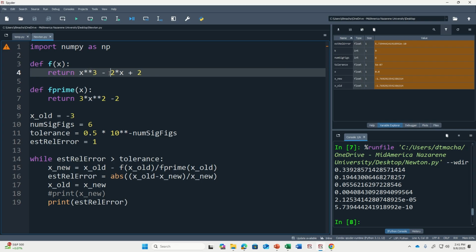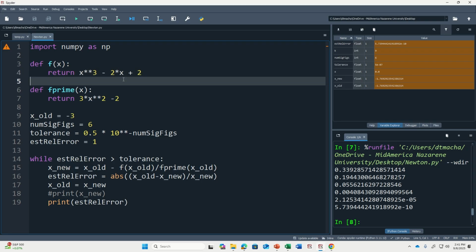And maybe there's some benefit to messing with that, but let's not worry about that. Sometimes you don't want to be too pedantic. Let's just take a breather and just say that's good enough for this class.